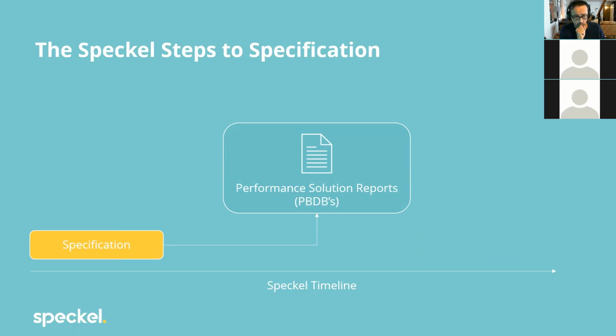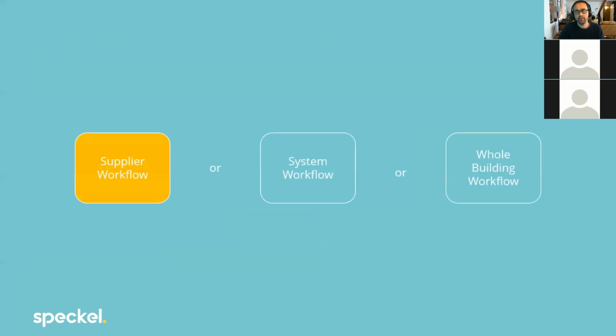So in terms of where we've got to, if we talk about workflow, we've developed three core streams of workflow. So these workflows are defined by what we call our supplier workflow.